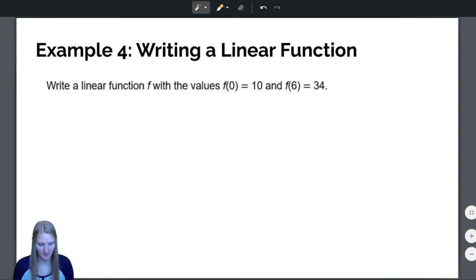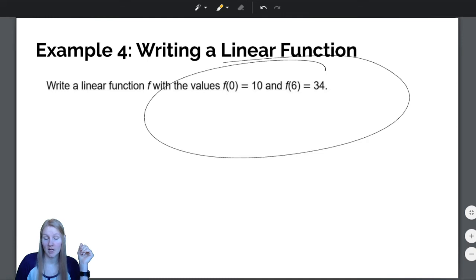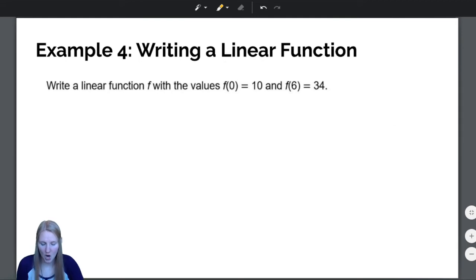All right, let's move on to our next example. Now, I know what you're thinking. Mrs. Dodge, our success criteria was that we could use 2 points to find an equation. This doesn't look like 2 points. Well, remember from chapter 3, what does f of 0 equals 10 mean?